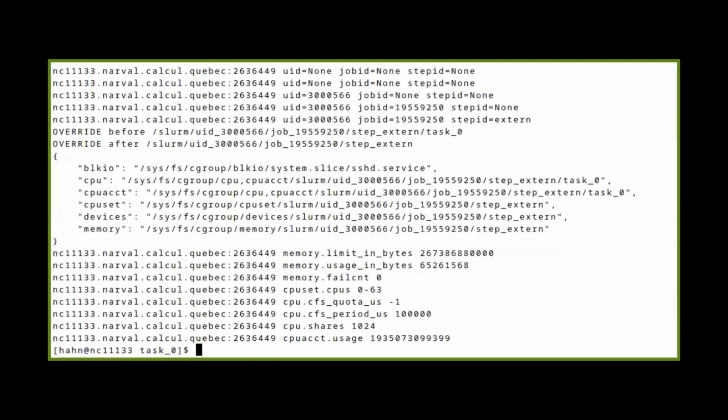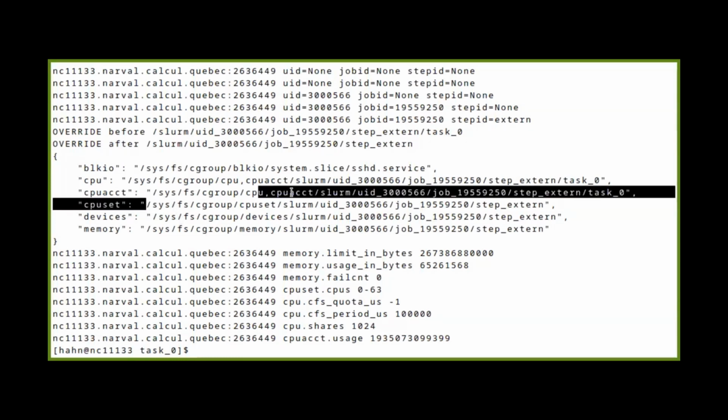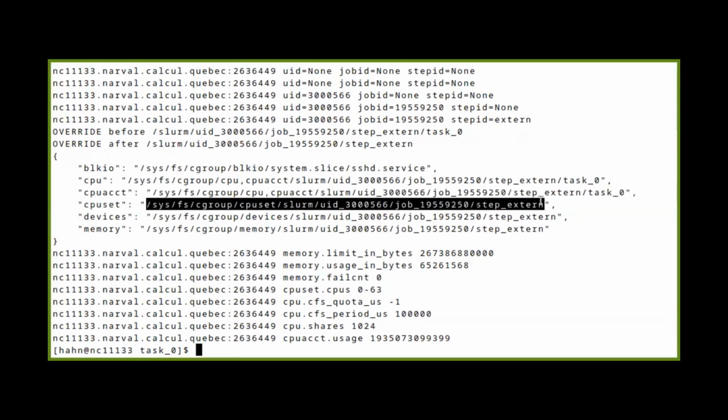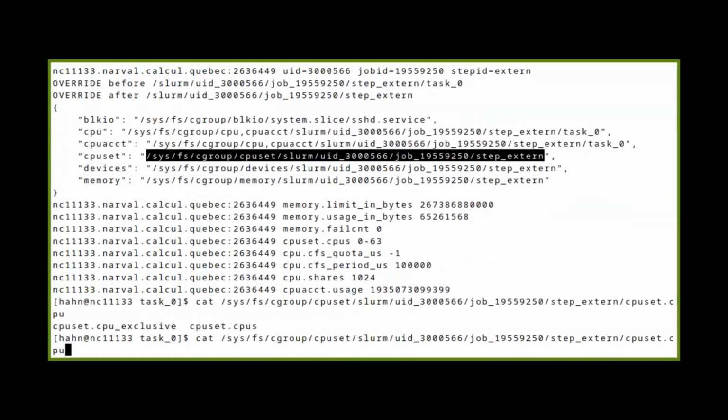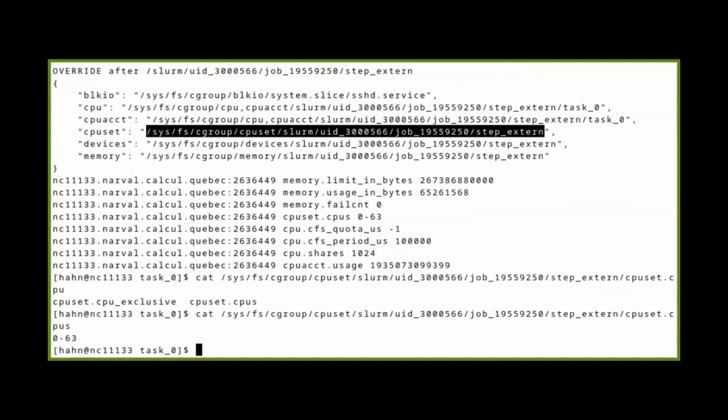But there are also other C groups, and that's kind of interesting. At any point, for instance, you might want to check which CPUs you're actually allocated on. And if you go like this, this will list which physical hardware CPUs you have allocated on this node.